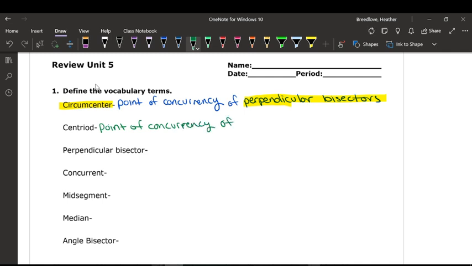But this one is made up of medians. All right, so the centroid is made up of medians. The circumcenter is made up of perpendicular bisectors.